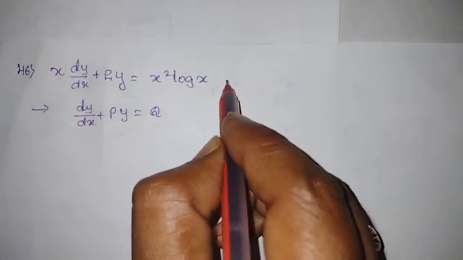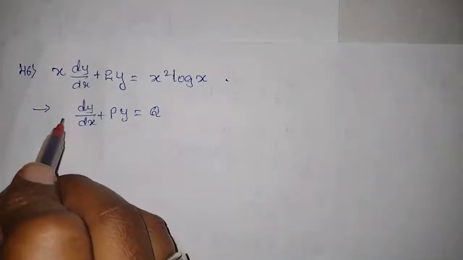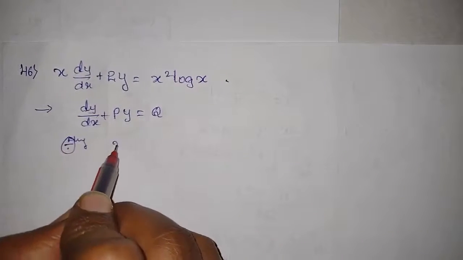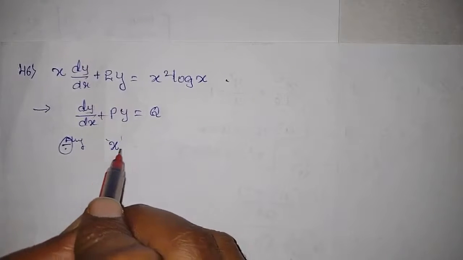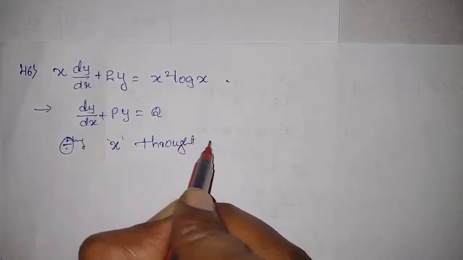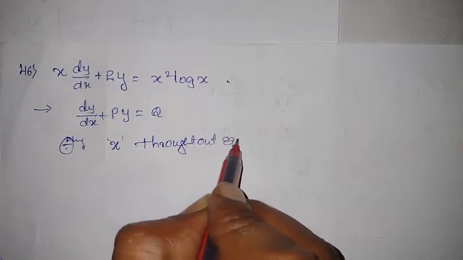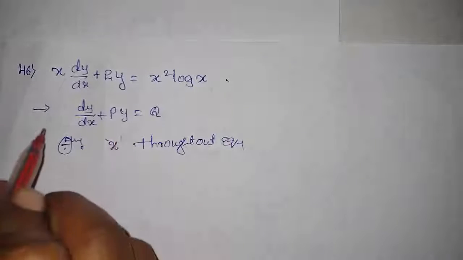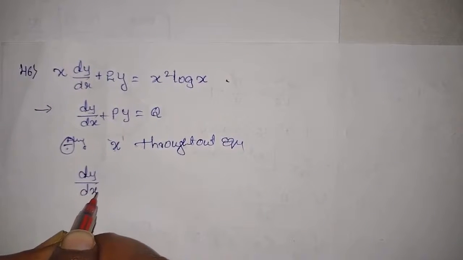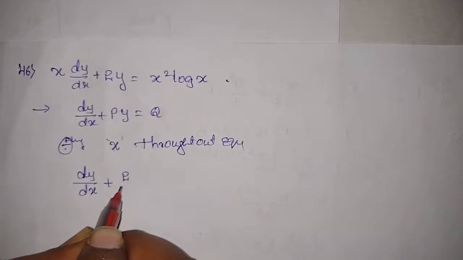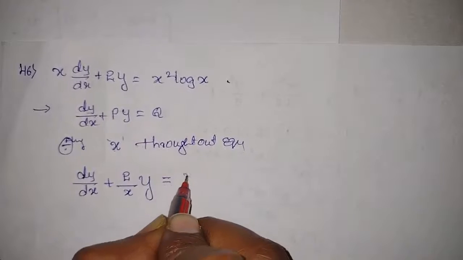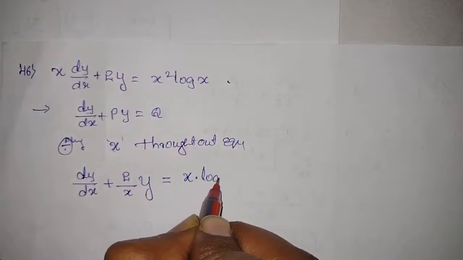We divide x throughout the equation. Then the first term becomes dy by dx plus 2 by x into y is equal to x into log x.